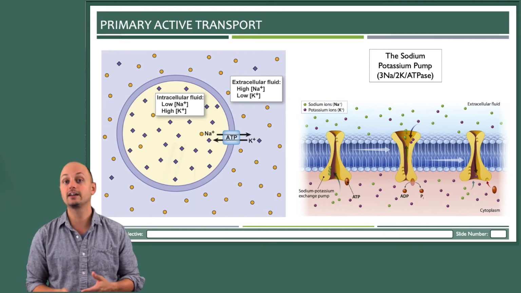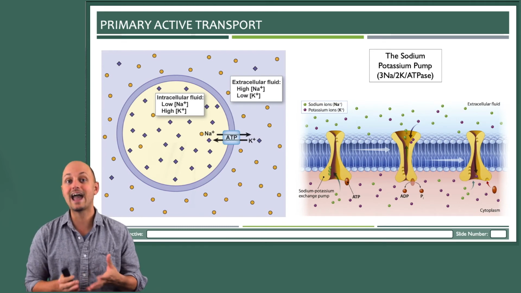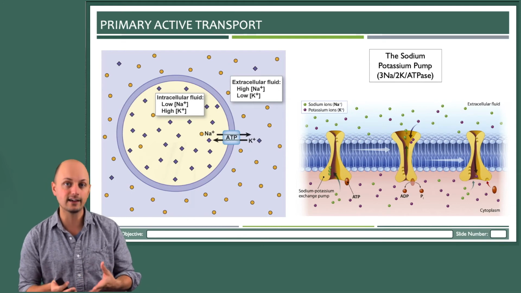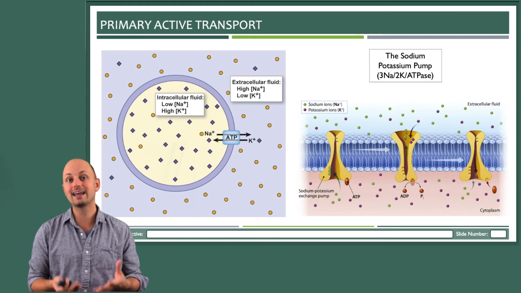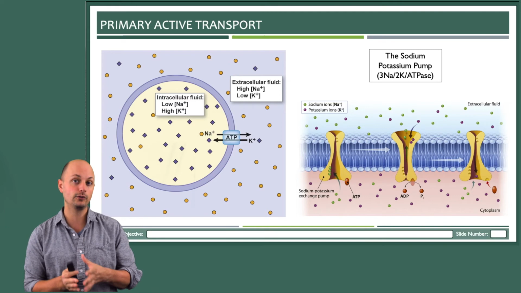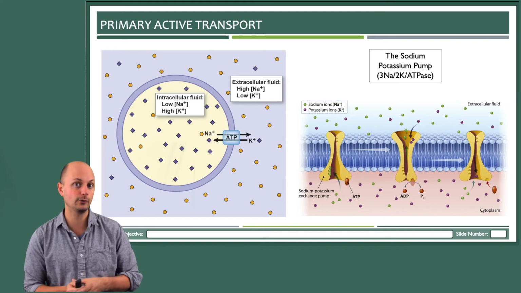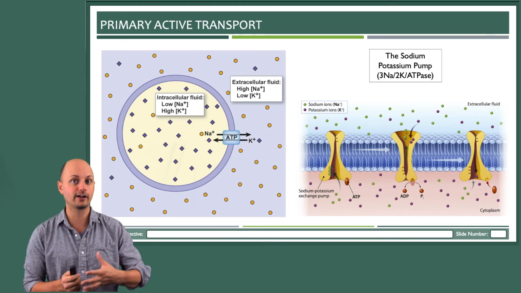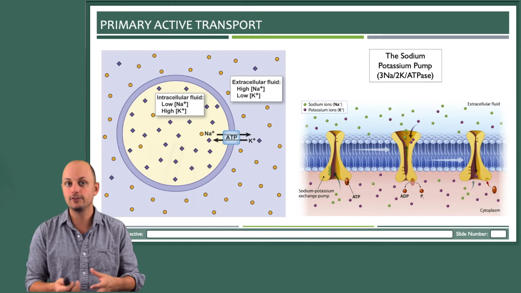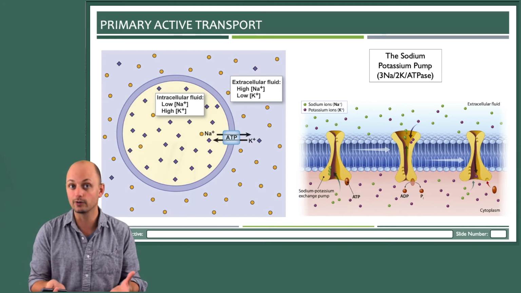Sodium is highly concentrated outside the cell, and potassium is highly concentrated inside the cell. So this sodium-potassium transporter moves 3 molecules of sodium out and 2 molecules of potassium into the cell. Both of these molecules are moving in different directions, so we could classify the sodium-potassium pump as an antiporter.